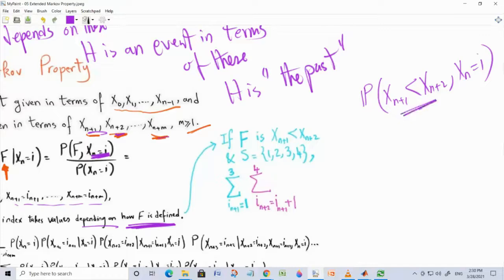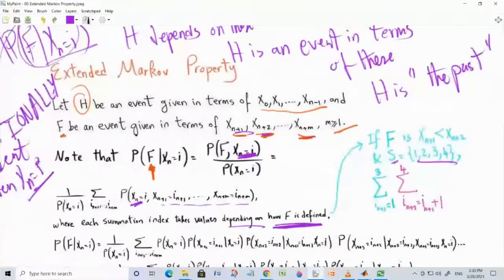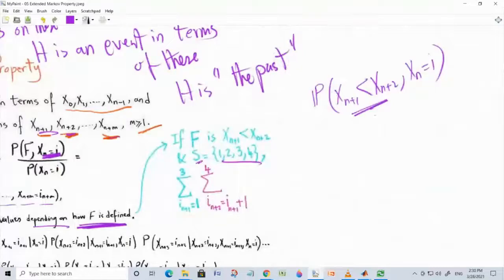So to be concrete, suppose that every discrete random variable in our discrete-time Markov chain can take any one of those 4 values, 1 or 2 or 3 or 4. Then what is our sum here? If f is the event that X_{n+2} is strictly greater than X_{n+1}, we will have a double sum because we have 2 variables here.